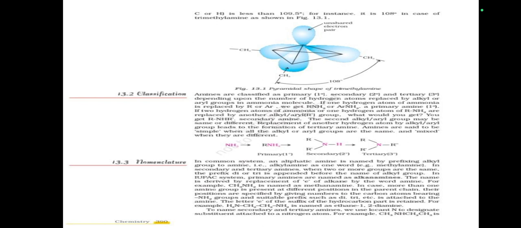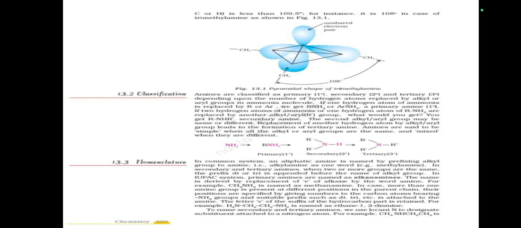Classification. Amines are classified as primary, secondary, and tertiary amines, depending upon the number of hydrogen atoms replaced by alkyl or aryl groups in the ammonia molecule. If one hydrogen atom of ammonia is replaced by R or Ar, we get RNH2 or ArNH2, a primary amine.